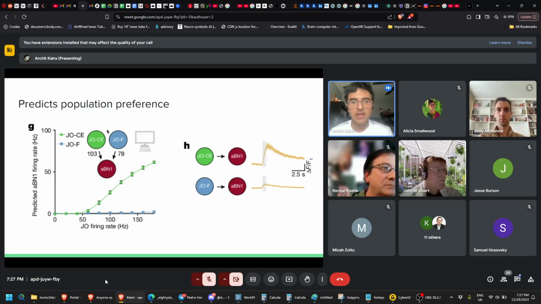And we saw a population preference, that when the CE neurons were active, they led to a much higher firing rate for ABN1 as opposed to the F neurons being active. And this was also verified by analyzing calcium imaging and seeing that CE activation leads to much greater activation of ABN1 as opposed to the F neurons. So we again see a match between the computational study and calcium imaging, empirical lab work that can verify that these computational predictions are accurate.